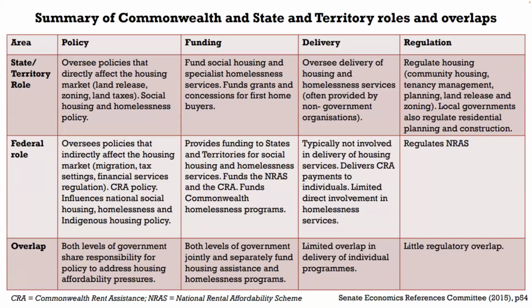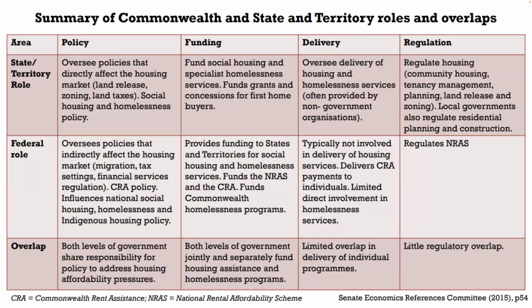Whereas the federal government oversees policies that indirectly affect the housing market, including things such as migration, tax settings, financial services regulation, and all those other aspects which might affect the housing sector in an indirect way.